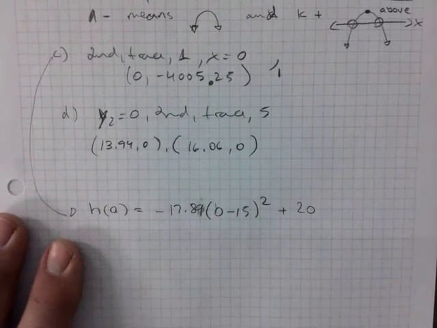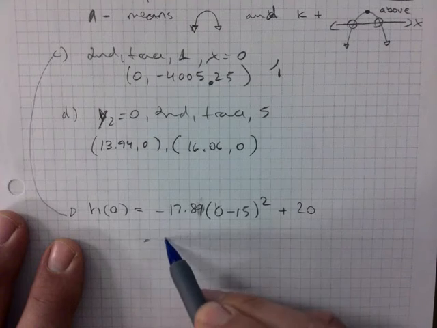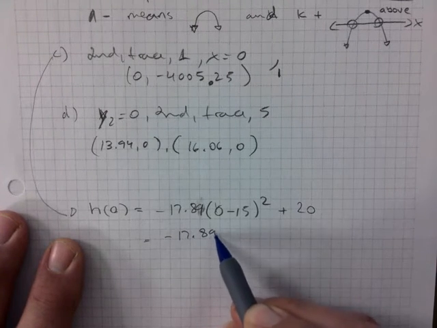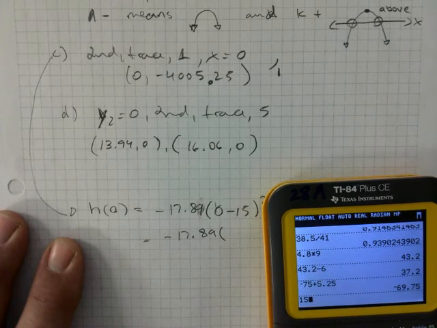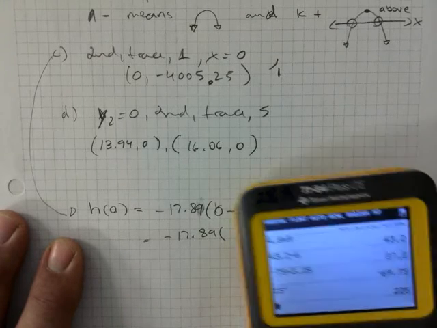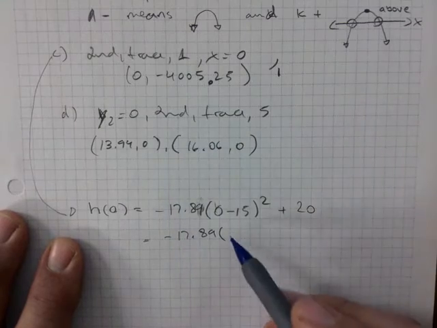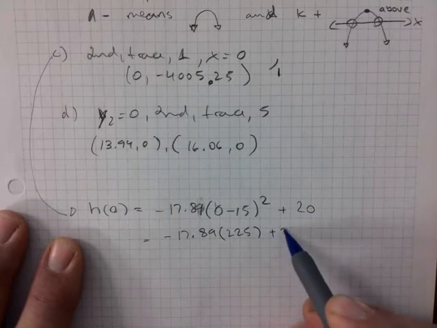Okay, so you're plugging in the 0, you're finding the y-intercept. So that's negative 17.89, 15 squared. What's 15 squared, right? That's 225 plus 20.